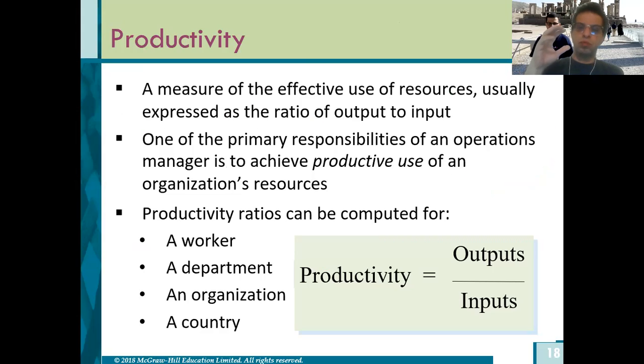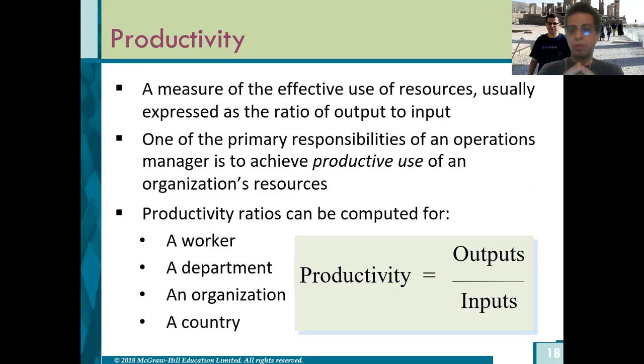Now, we come to measuring productivity, and we said it's okay to measure productivity when it comes to products, but it's hard to do when it's a service. But what is productivity? It is a measure of the effective use of resources, usually expressed as a ratio: the output to the input. You could take all the output and compare it to the input, and you can measure the productivity. And if you want to see the improvement, you can compare it with previous stages, dates, or times.